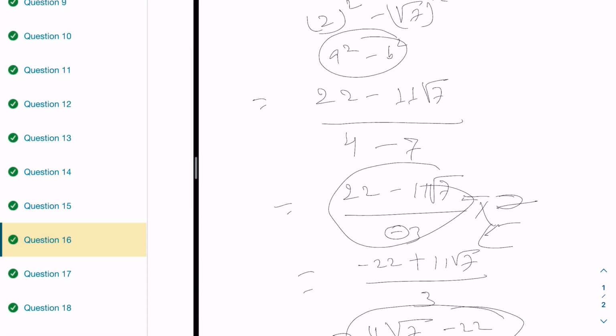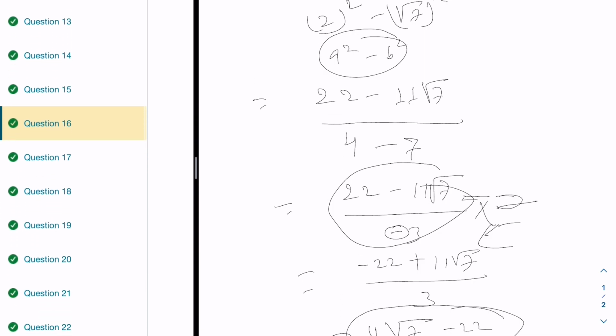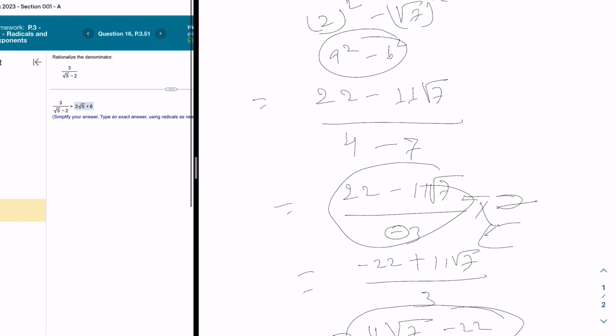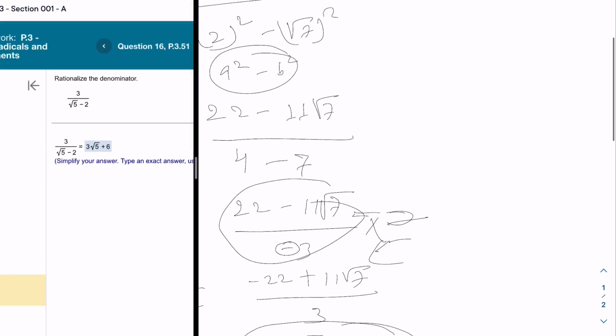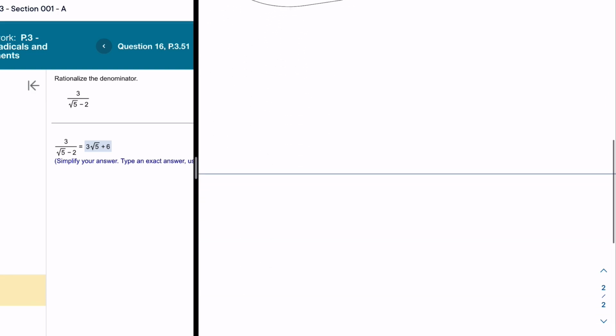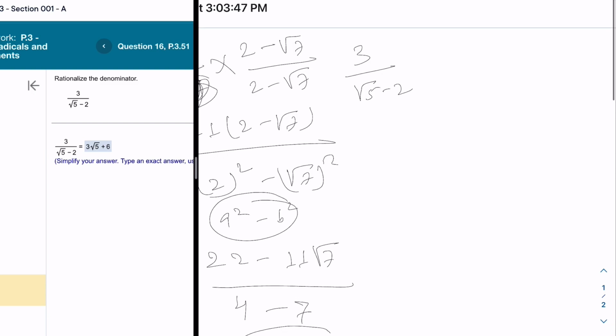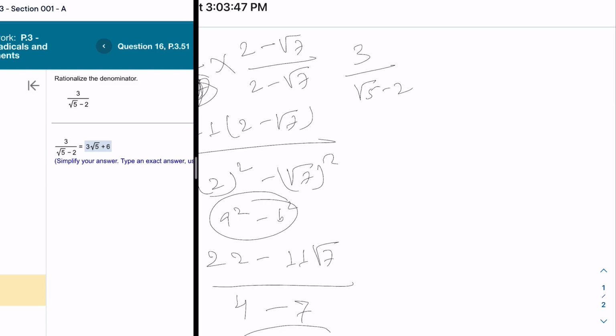Now let's move to question number 16. What's question number 16? Okay, all these are the same. I don't think I should go through all the questions, but I'm going to. So 3 over root 5 minus 2. We have to conjugate this and multiply and divide the numerator and denominator.